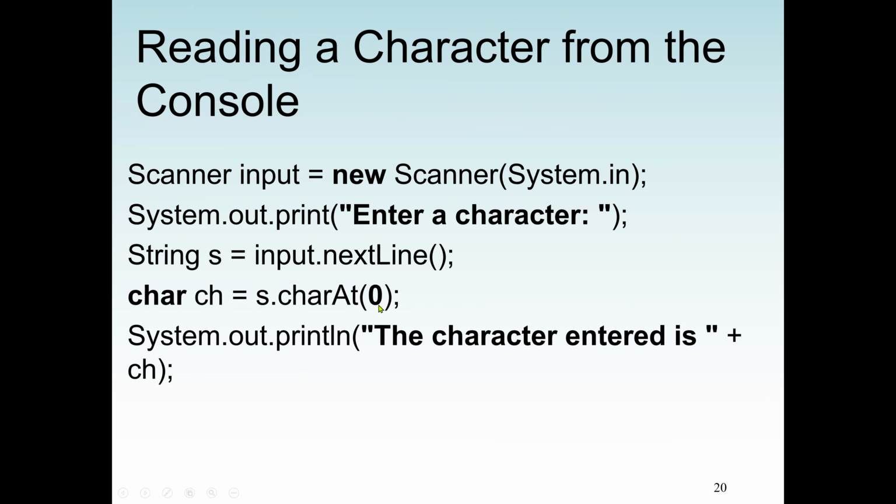Now, if I want to find another position, I'm going to use 0, 1, and so on. As we said earlier, the positions are called the index, and start from 0 to the size of the string minus 1. So if the size is 20, we go 0 to 19, etc.